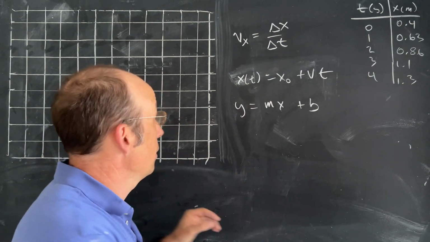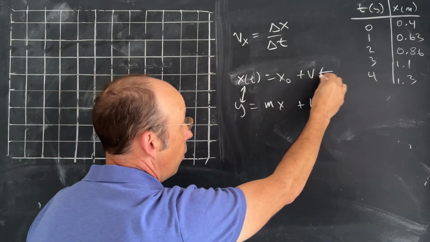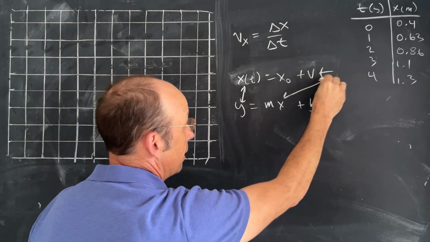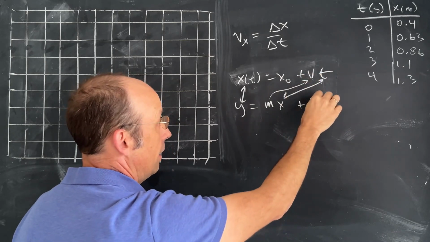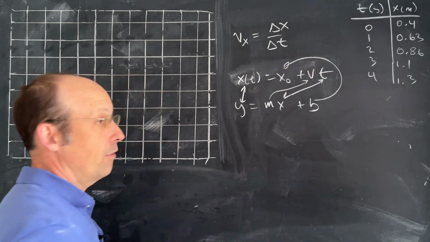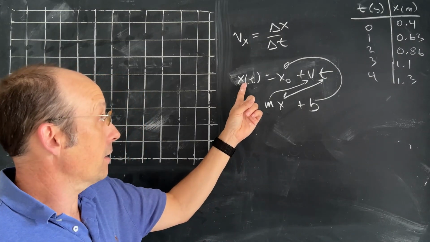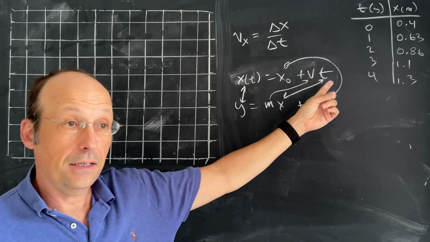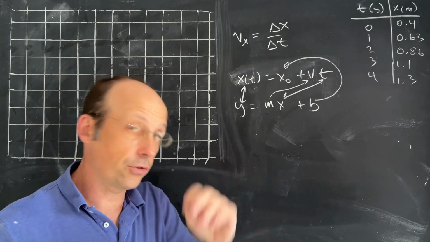Now in this case, you'll notice, oh, that looks like y. Oh, that looks like t. The slope would be the velocity, and x0 would be the y-intercept. So I can just plot x versus t on the horizontal axis. So let's do that. And then I'll show you some mistakes.